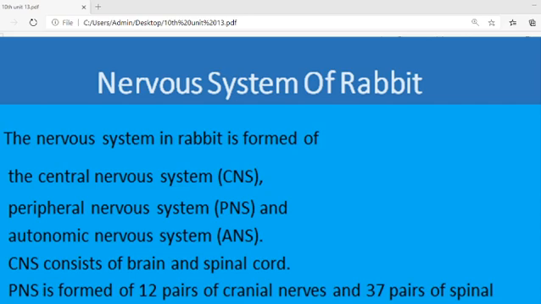The spinal nerves arise from the spinal cord; there are 37 pairs of spinal nerves. Clear? Then the autonomic nervous system consists of sympathetic and parasympathetic nerves.